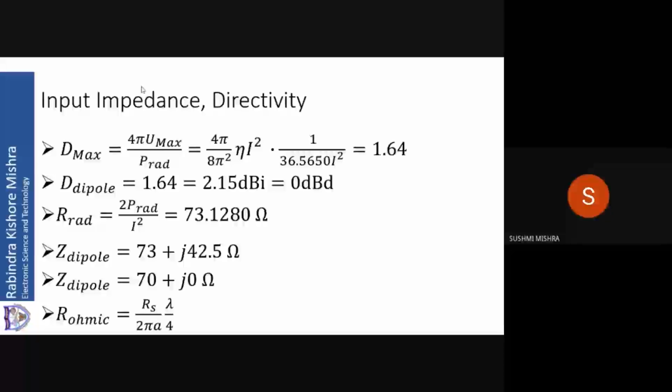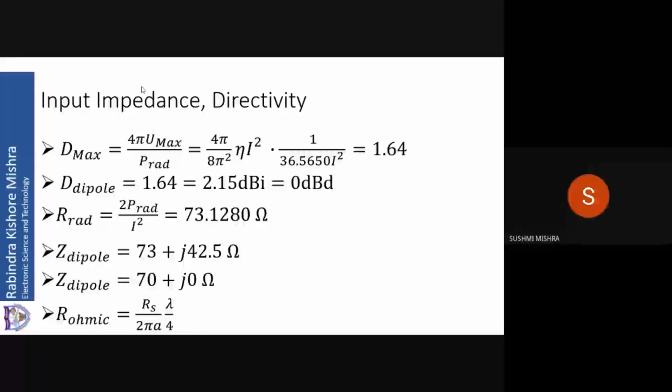If I compare that with an isotropic source, when you compare power or anything, we usually use dB. So since here I am comparing it with isotropic source, I'll take its log value times 10. So D dipole will be 1.64, that will be equal to 2.15 dBi.